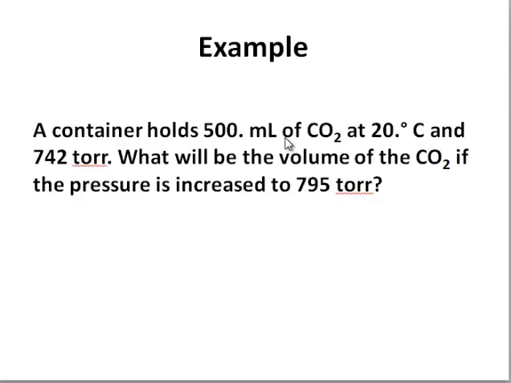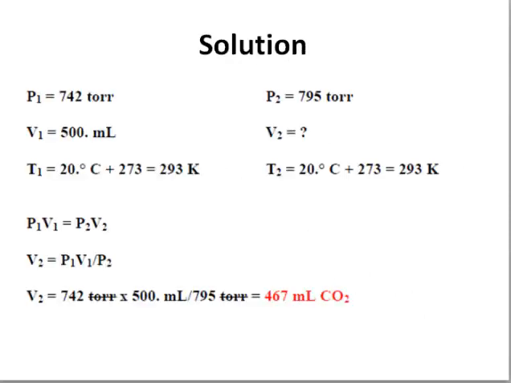You should attempt this before moving on to see the solution. The way to approach this sort of problem is to assign variables. P1, the first pressure, is 742 torr, and the second pressure is 795 torr. First volume is 500 milliliters to 3 sigs. What is the second volume?